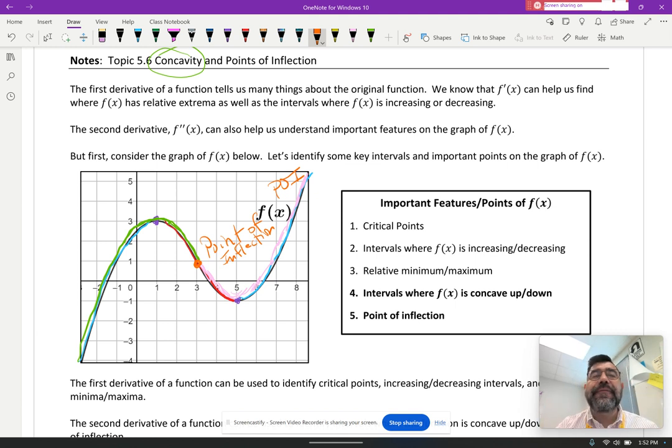And you might have heard inflection point in conversations about situations in business, like this was the inflection point of the sale, or this was the inflection point of the situation, meaning this is the magic point where things shifted, where things changed, where things improved or maybe didn't improve. But this is the magic point where the curvature changed, concavity changed, and it turns out that the second derivative is going to be our helper in determining the concavity of a graph.